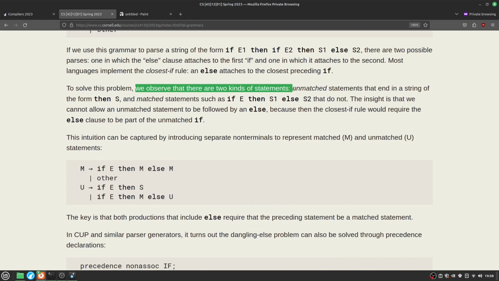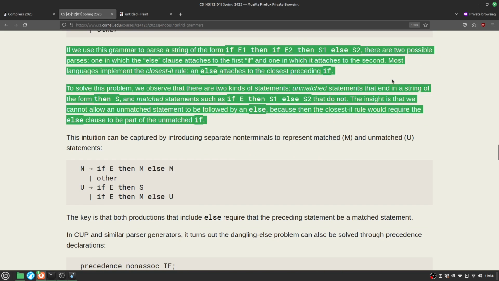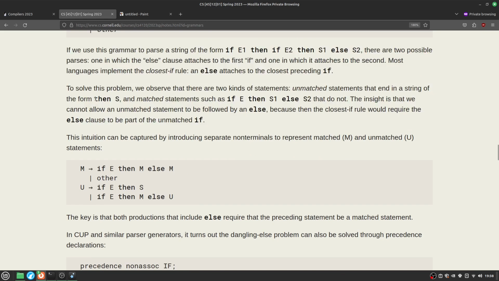To solve this problem, there are two kinds of statements: unmatched statements that end in a string of the form then S, and matched statements such as if E then S1 else S2 that do not. So that's matched.